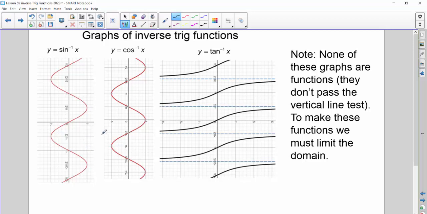And you'll notice that in each of these graphs for inverse sine, inverse cosine, and inverse tangent, none of these graphs are actual functions. And I said we're going to graph the inverse functions. Well, these are graphs of inverses, but they aren't functions because they don't pass a vertical line test. So in order to make them functions, we've got to limit their domain or change the possible x values that we can use.